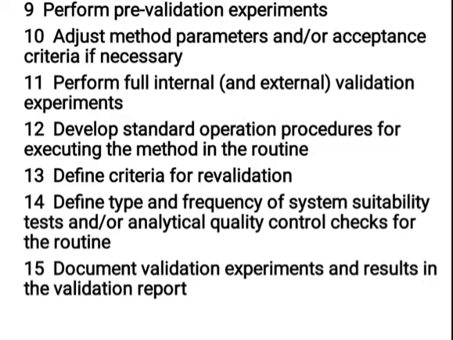If in pre-validation some parameters were varying, then adjust the method parameters. Then the eleventh point is perform full internal and external validation experiments. Then the twelfth point is develop standard operation procedures for executing the method in the routine. Means you have to develop a standard operation procedure for execution of the method.